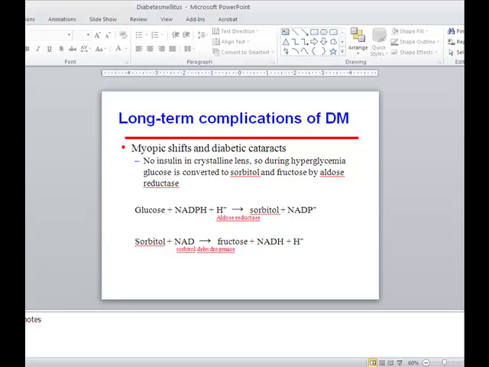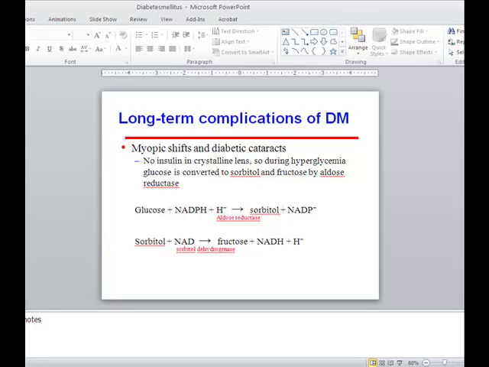Okay, another complication, as I mentioned, is cataract. The change in the refractive index of the lens that results from increased blood glucose can lead to myopic shifts. As I mentioned, there are no insulin receptors on the lens epithelium. So normally, some glucose gets in by itself, and that glucose is normally converted to sorbitol by combining with NADPH.